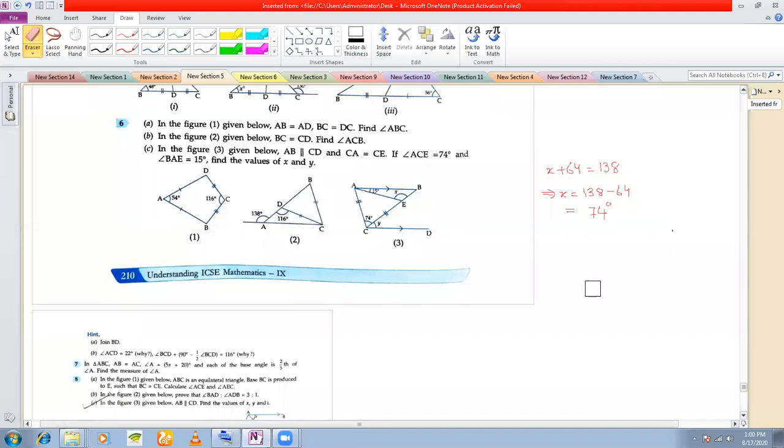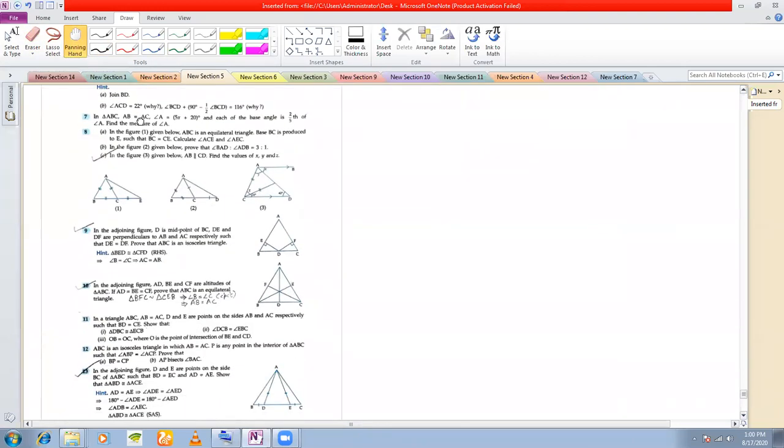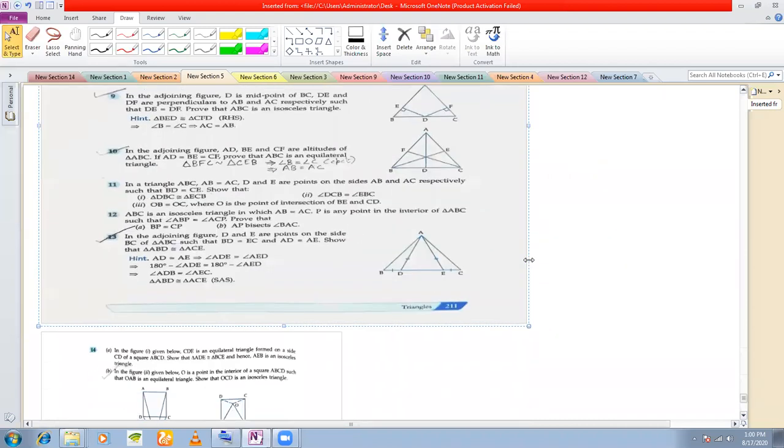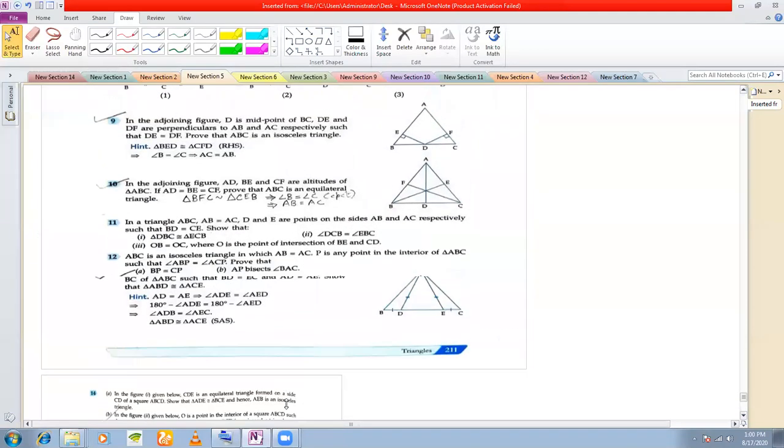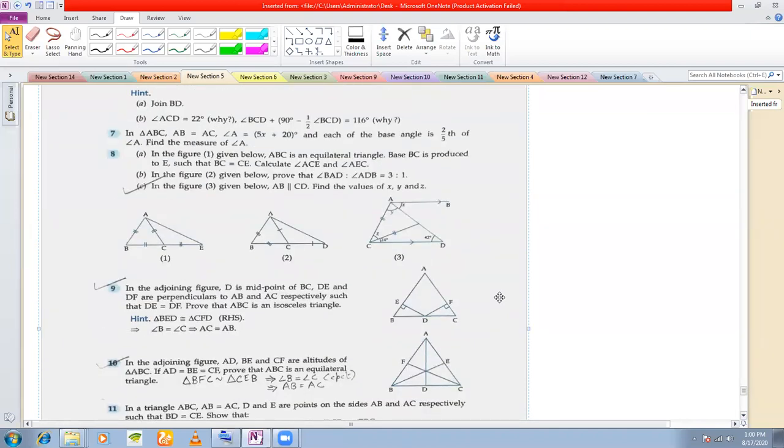This one. Now, next one is 8b. I think I had given 8b. Let me enlarge this also a little bit. So 8b. Yes, so this one I had given.